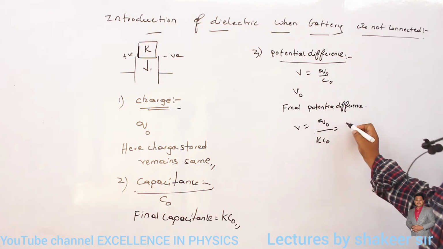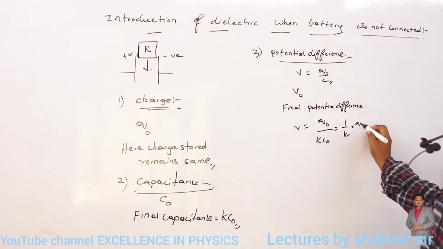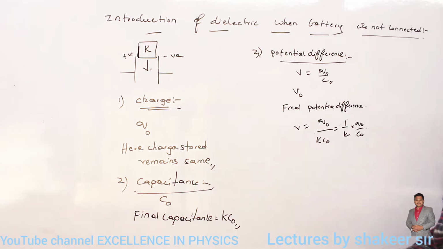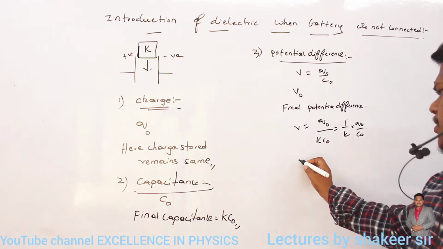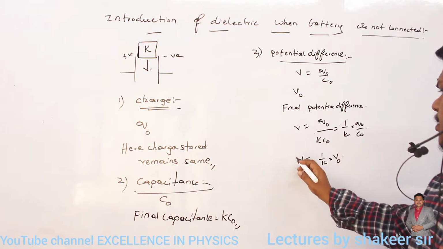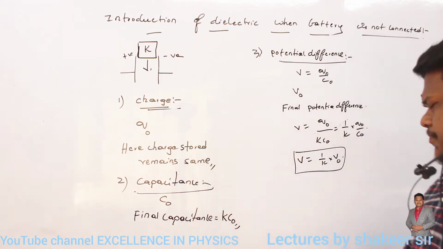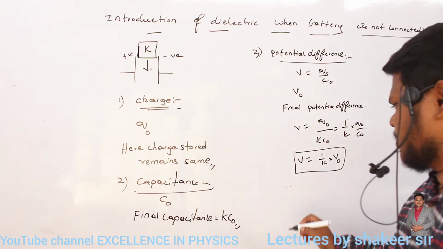Therefore it is 1 by K times Q naught divided by C naught. So I can write V is equal to 1 by K into V naught. Therefore, potential has decreased by K times.